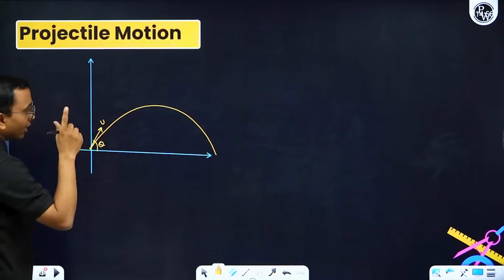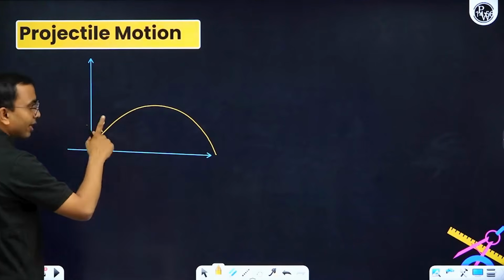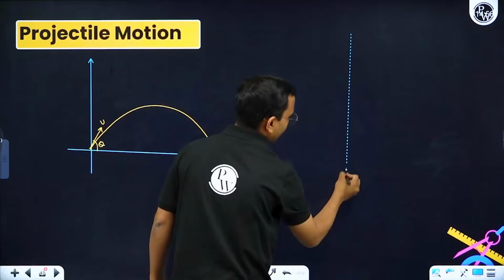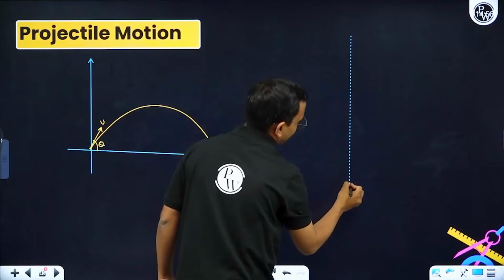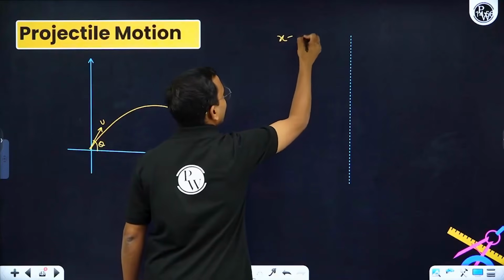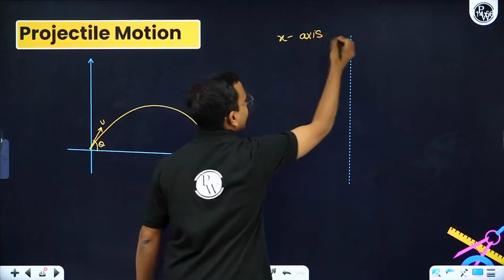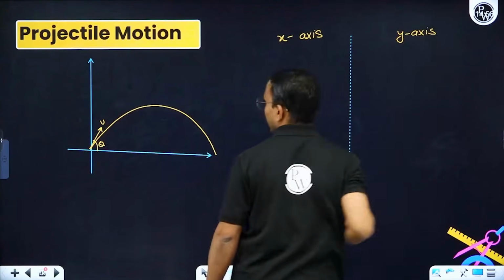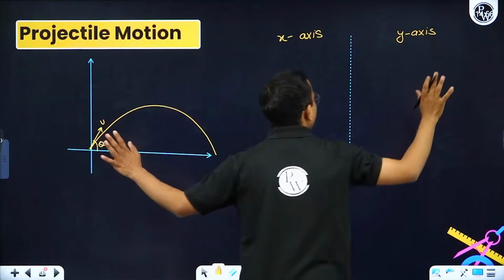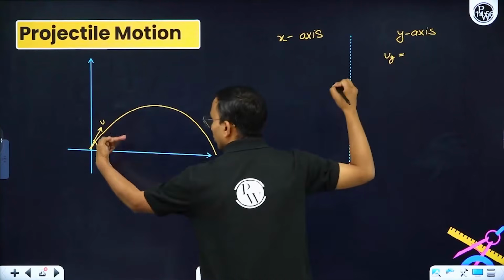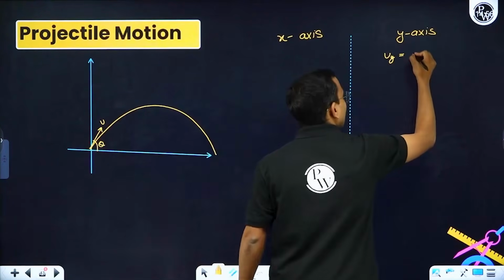So I am saying we can analyze motion along the x-axis and y-axis separately. Let us write a few things first. The initial velocity along the y-axis, what is that? Take the component of initial velocity along the y-axis: u sine theta.